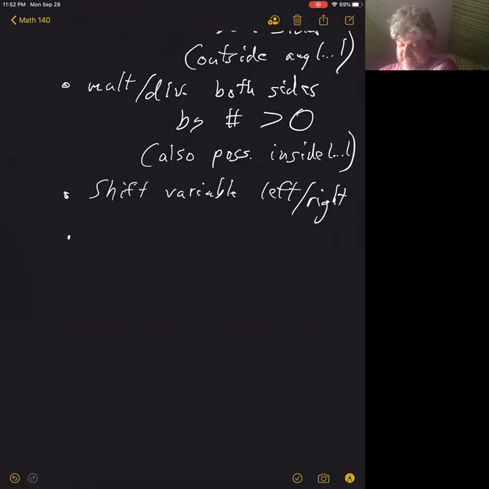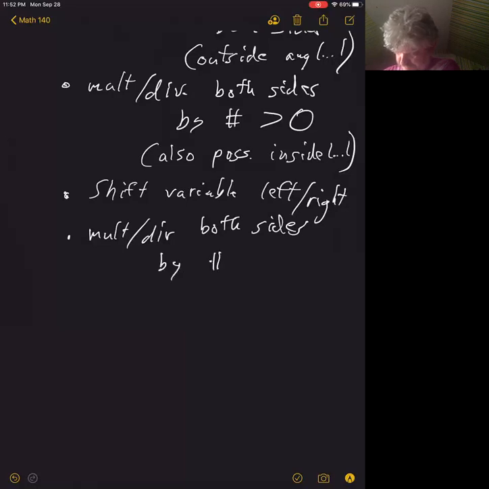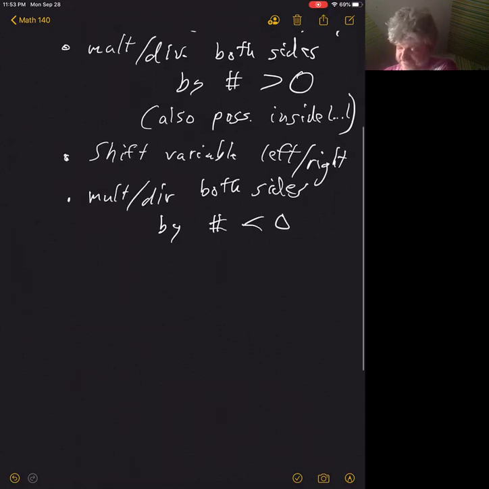And the last one, which is not strictly needed for these problems, but it just belongs here, is multiply or divide both sides by a negative number, a number that's less than 0. But if we do that, then we have to reverse the inequality.